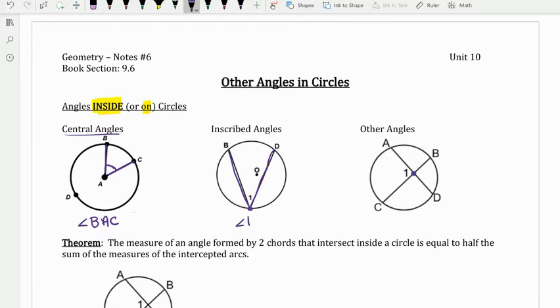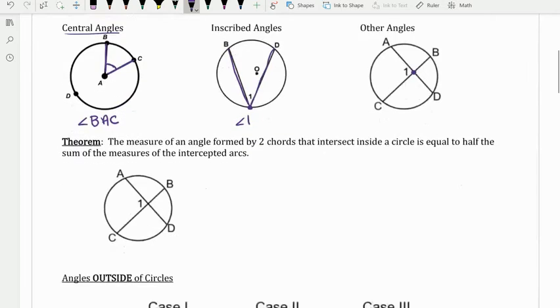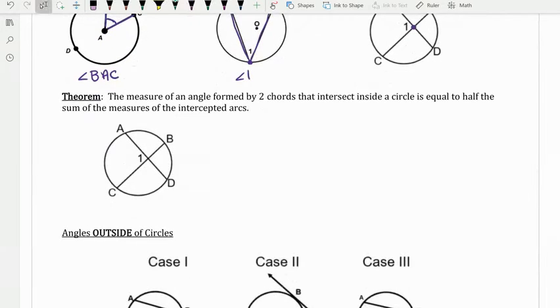Okay, to find the measure of an angle inside a circle that's formed by two chords, we've got a theorem: the measure of that angle is equal to half the sum of the measures of the intercepted arcs. If I'm looking at angle 1 right here, it's created by segment AD and segment CB.